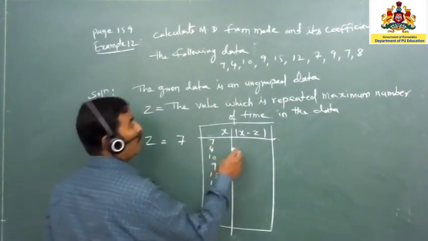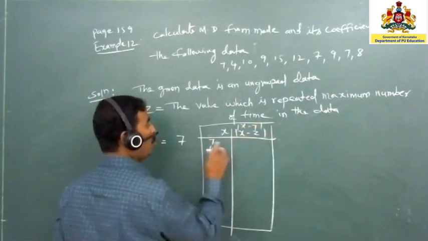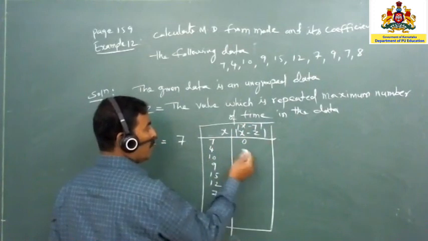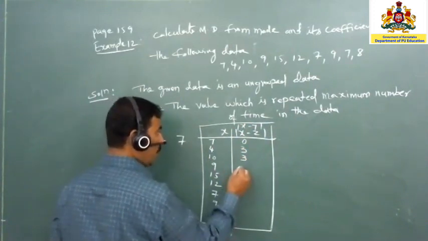So here x minus 7, 7 is the mode. First 0. 4 minus 7, 4 minus 3 is written as plus 3. Then here the difference is 2.